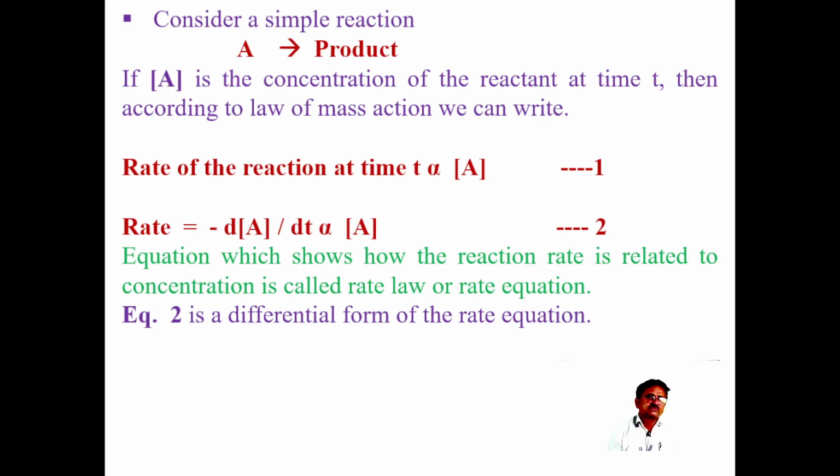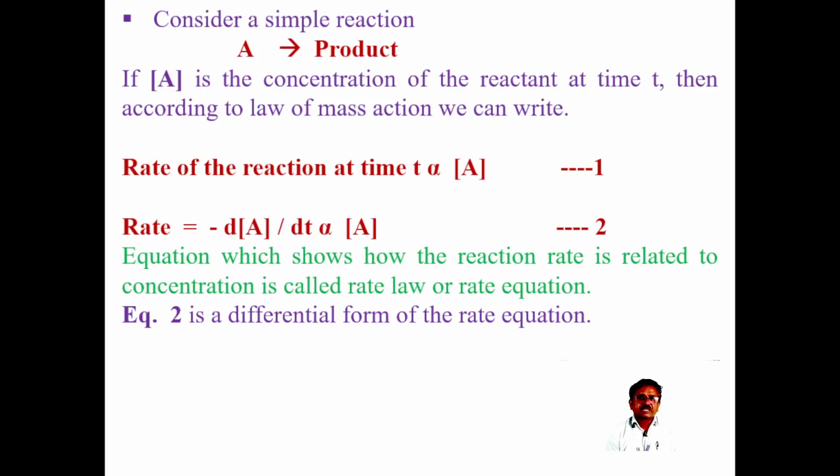To understand this, we have to consider a simple general reaction, A gives product. Now, if [A], the molar concentration of A, is the concentration of reactant at time t, then according to the law of mass action, we can write as per this equation: rate of the reaction at time t is directly proportional to the concentration of A. We will call that equation 1.